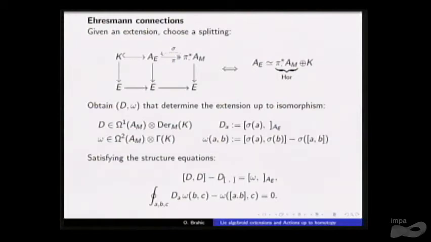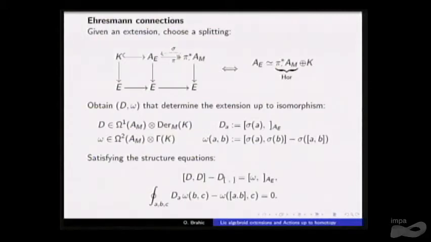One is that, that would be the curvature of D. Here you have derivations, so you can take the bracket of derivations and then subtract D of the bracket of two sections of AM, and this difference equals the bracket of omega applied to two elements in here. This is a section of K, so I can apply both sides to a section of K.